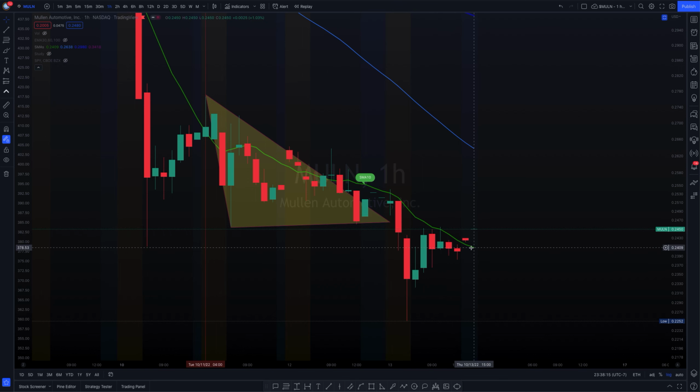What's good is that we have broken out of the SMA 10 resistance and have now converted it into support. It looks like it closed at 24 cents, specifically 24.50. And this is good because we can now use the SMA 10 as a form of support so that we can continue to the upside.